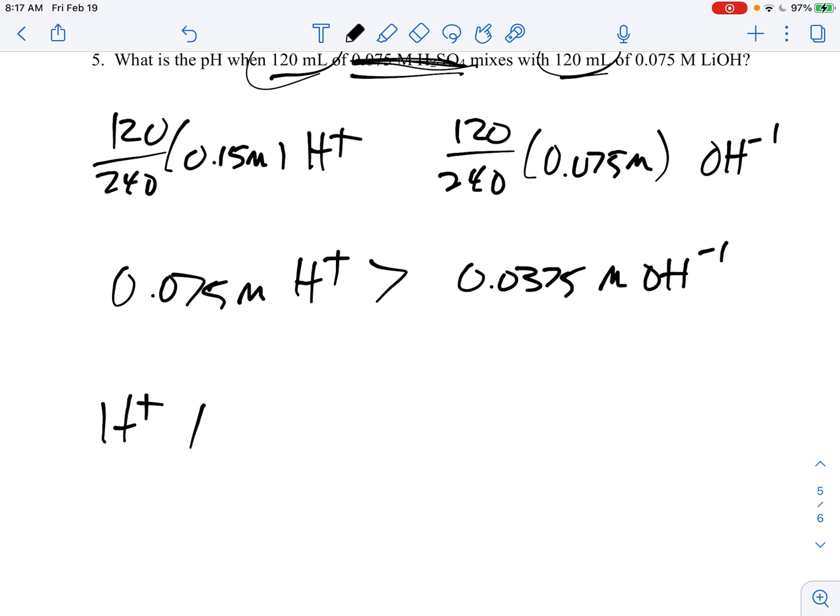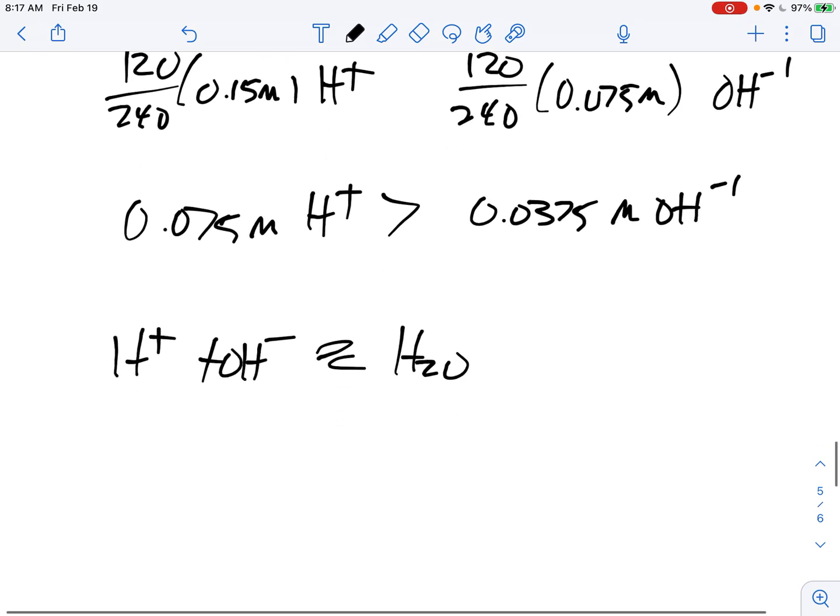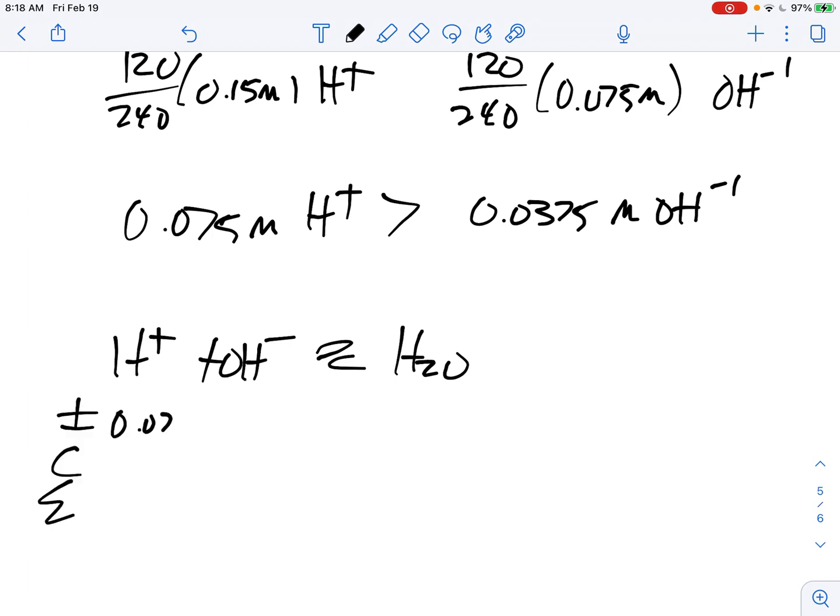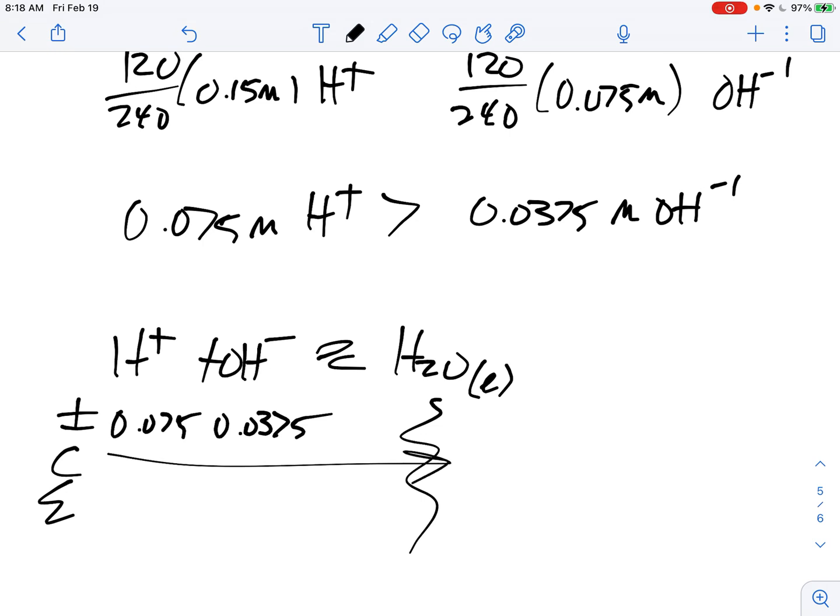Let's check it out. H positive plus OH negative goes to H2O. I've got an I, a C, and an E. I got a 0.075 here and a 0.0375 here, and a who cares, because it's a liquid. It's going to go over as far as it can go because water is a product, and our K value is 1 times 10 to the positive 14th because water is a product here.